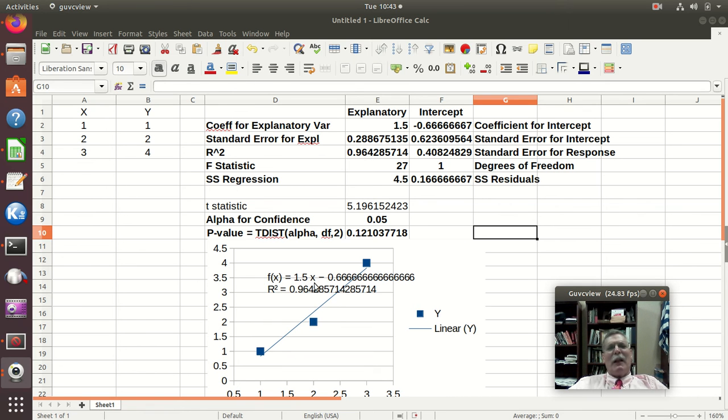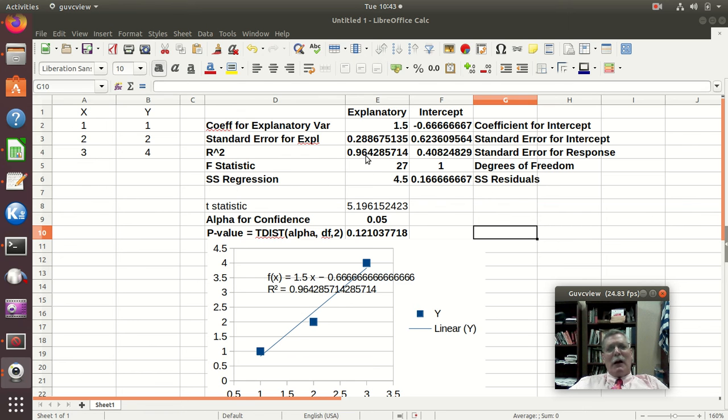I mean, that's fantastic. If you have real life data and you have a 0.96 R squared, it doesn't get a lot better than that. And 99% or 100% is better than that, but you won't see that in practice real often.